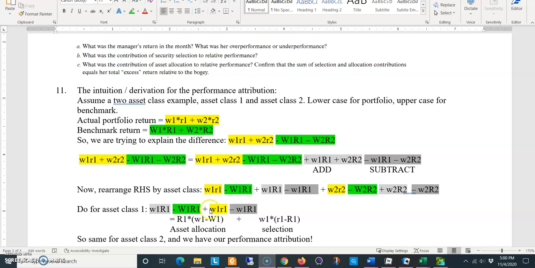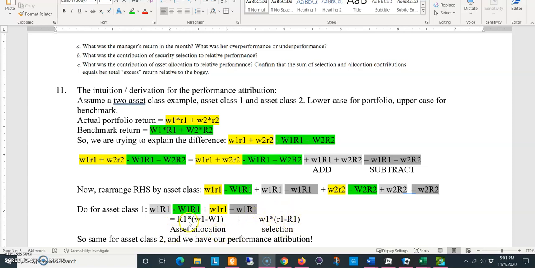Plus, here what is common is my actual portfolio weight w1. I take that out as common, and I'll be left with my actual portfolio return minus the index return, and this is coming from your selection. So you can see now how I can decompose this difference into asset allocation and selection.